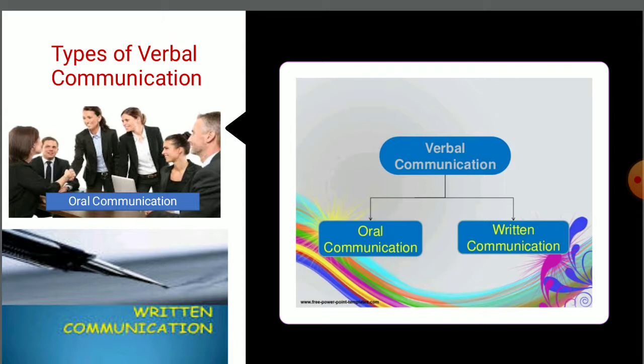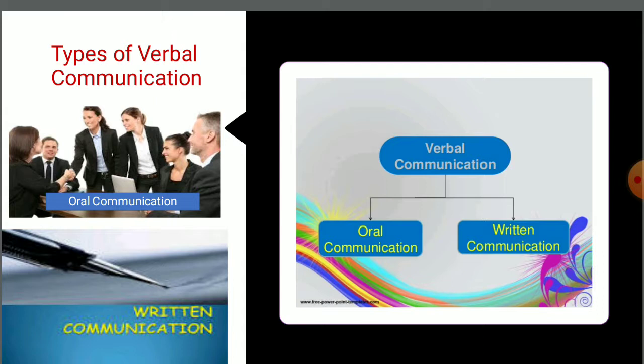Understood? So under verbal communication, there are two different subtypes, and these two subtypes are oral communication and written communication. In case of oral communication, we go for words that we speak from our mouth.